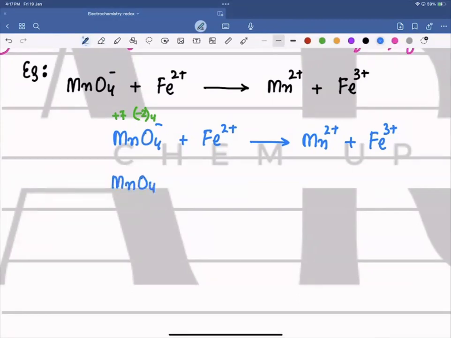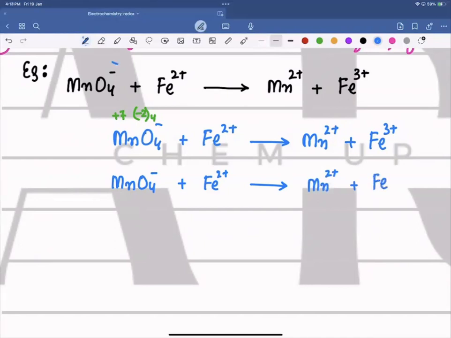So Hamza, can you tell me whose oxidation number is changing? Yes, Hamza. Sir, Mn. Sir, but Mn would be +8, no?